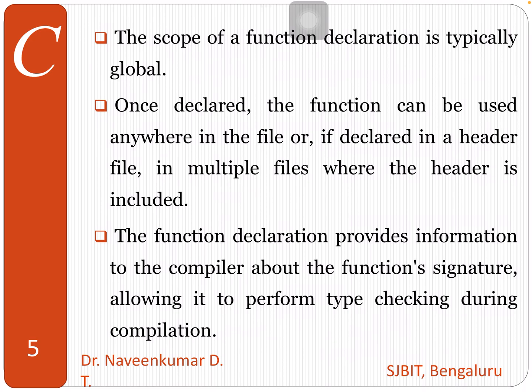And when we declare a function, it provides information to the compiler about the function signature, allowing it to perform type checking during compilation, right? This is the role being played by the function declaration. It gives the signature of the function, so that will be checked during the compilation.